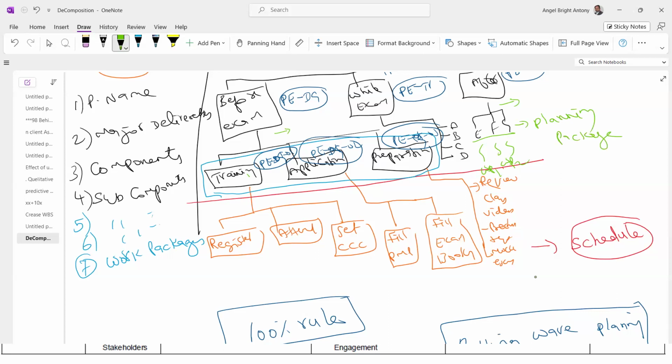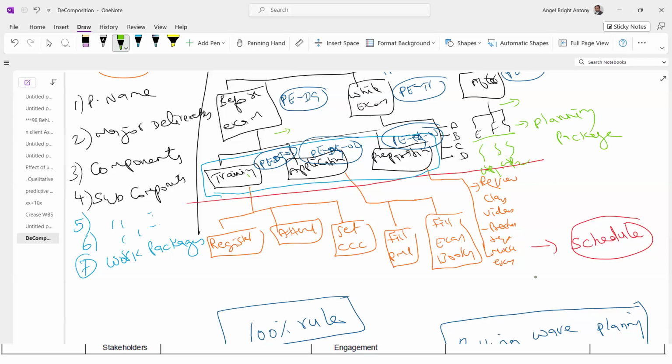In this example, EFG are 3 planning packages, whereas training, application, preparation are work packages. So if you leave your decomposition at a higher level, that level is called a planning package. Then when you decompose that later, once details become clear, into further details, you will get work packages.